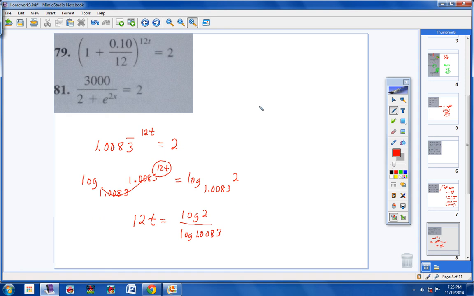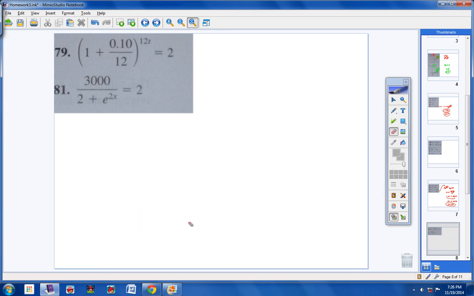So we get this. 12t equals 83.8578 0464, divide by 12, and t equals 6.988. Okay, there we go. Let's check number 79 real quick in the back of the book, and that is correct. Okay, moving on to number 81.